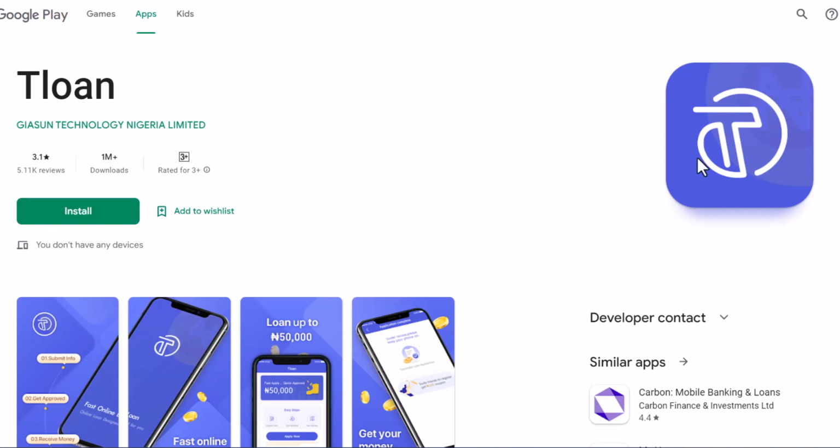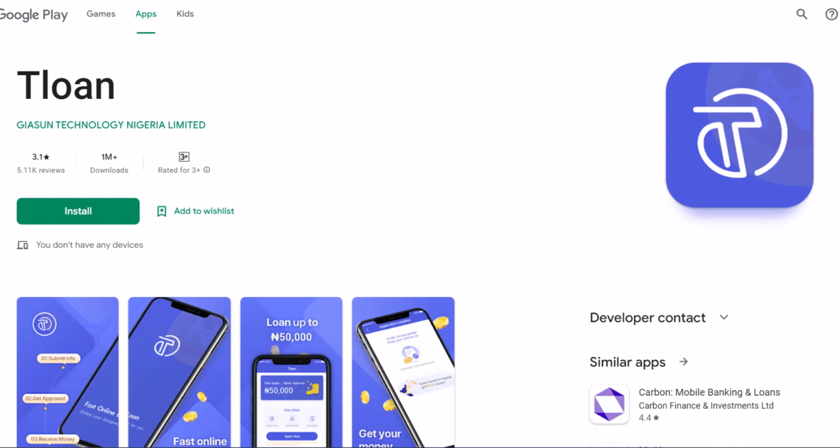But sometimes you don't need to look into that. There are some people who borrow a loan from this platform or any loan platform, and after they get the loan, they won't decide to drop a review about whether the app is good or not.